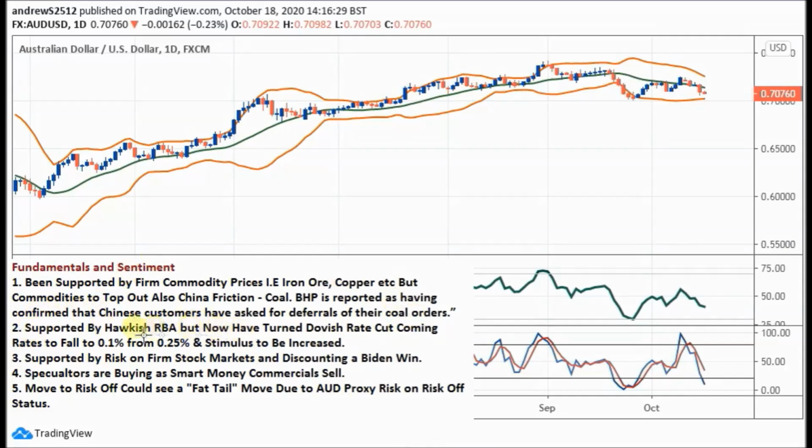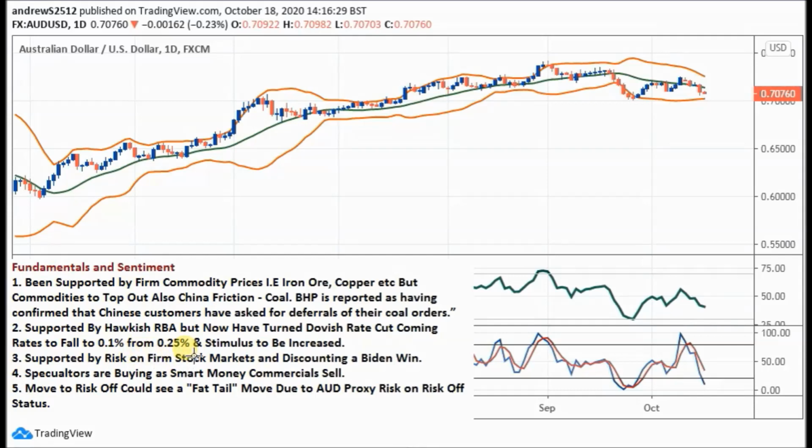Aussie dollar has also been supported by a hawkish RBA, the central bank, but now they've turned dovish. At their last meeting, they didn't cut interest rates, but they pointed to a rate cut coming. Okay, so rates to fall probably to 0.1%, they're 0.25% at the moment. That erodes the yield that the Aussie dollar's got.